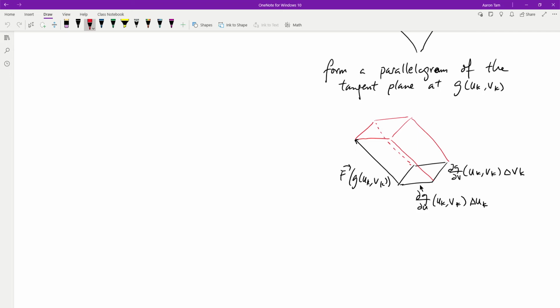So to do that, what I need to do is the following. To determine the height of this parallelogram prism, a slanted parallelogram prism, the height would actually be given by vector f dot product the perpendicular vector.